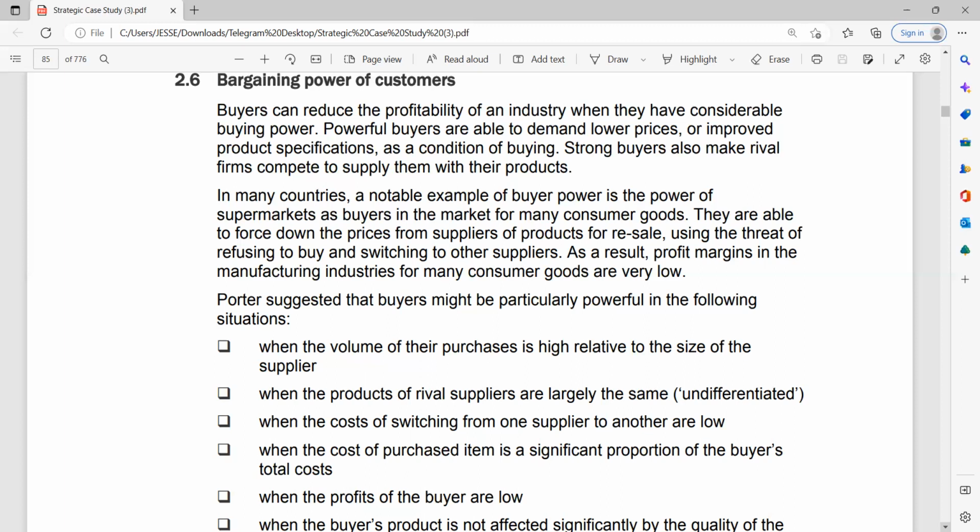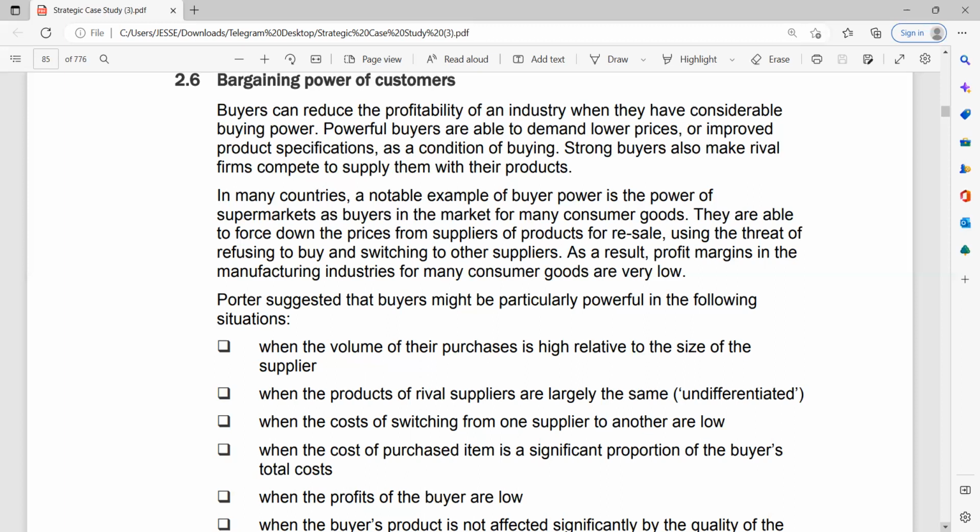Then the buyer is powerful. When the products of rival suppliers are undifferentiated, buyers have power.